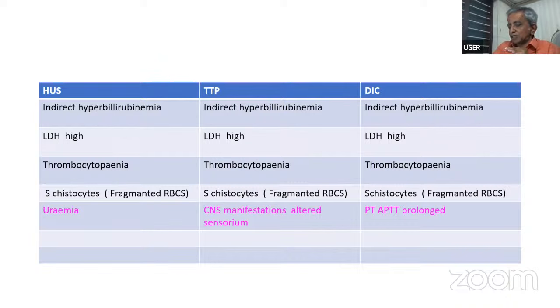Now, for some reason, even though it is congenital, some precipitating factors happen and it triggers TTP. And as a part of autoimmune disorders, TTP can occur because antibody to ADAMTS13, that metalloproteinase, occurs. Therefore, its activity comes down. So both are described. It can be congenital or it can be acquired.